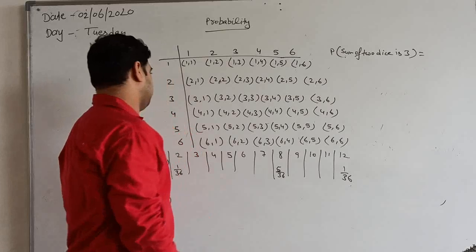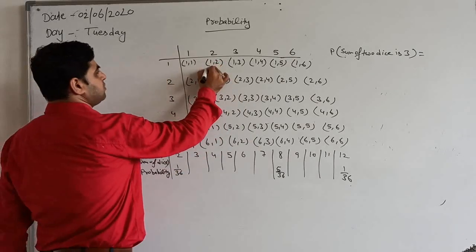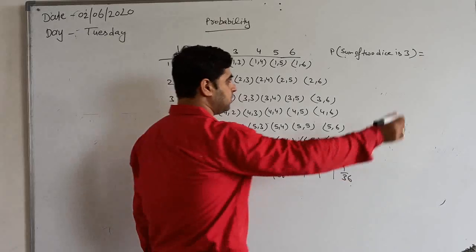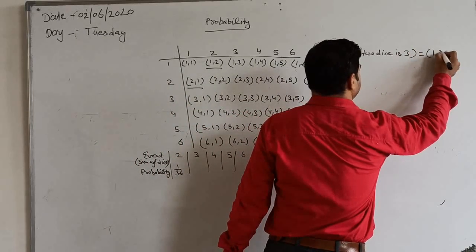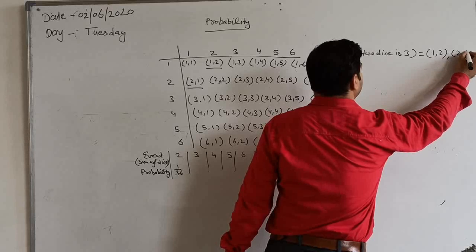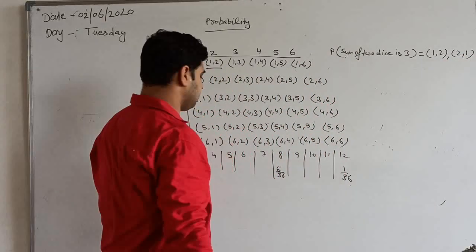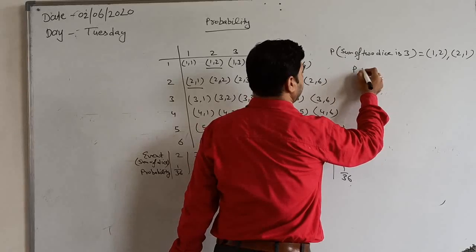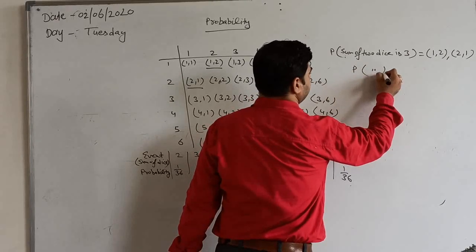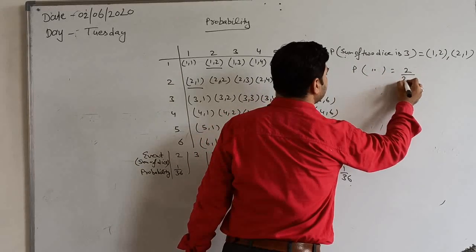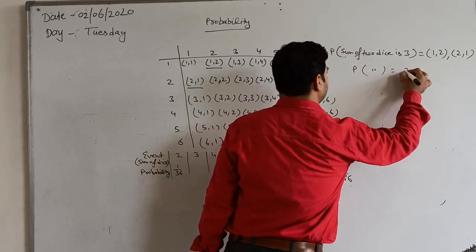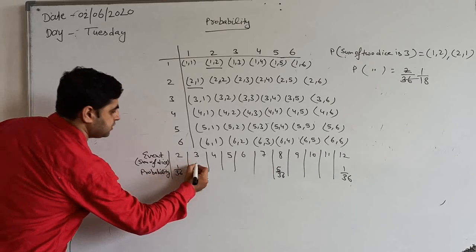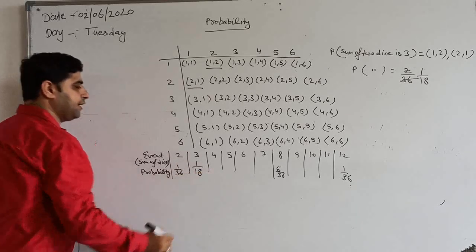The possible outcomes are 1,2 and 2,1. So how many outcomes? Total 2. So the probability is 2 by 36. We cut it, so this is 1 by 18.